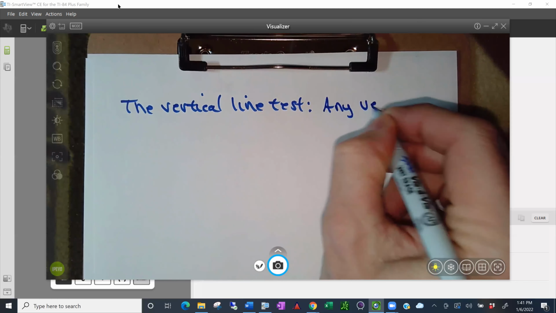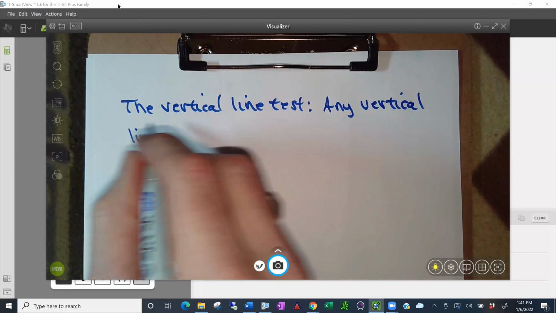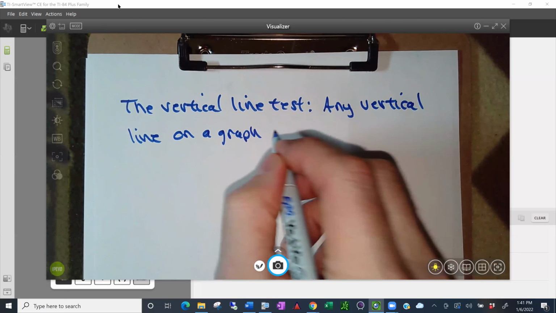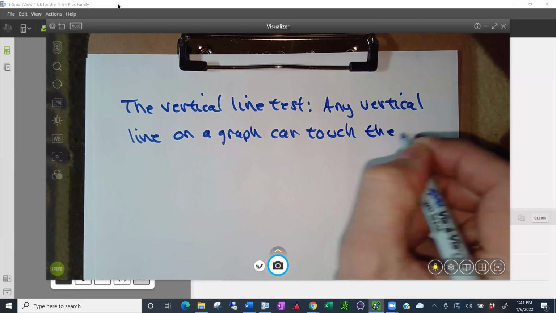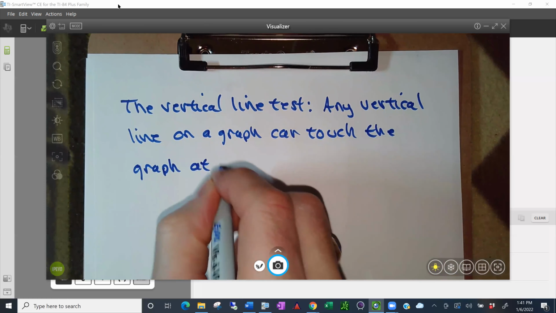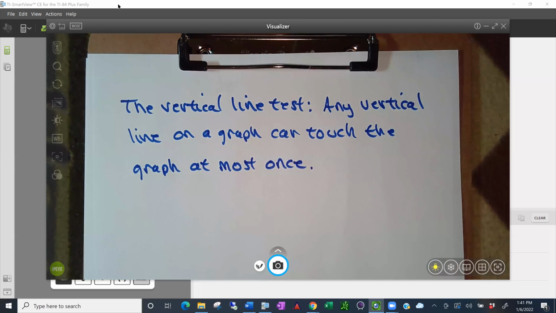Any vertical line on a graph can touch the graph at most once. At most once.